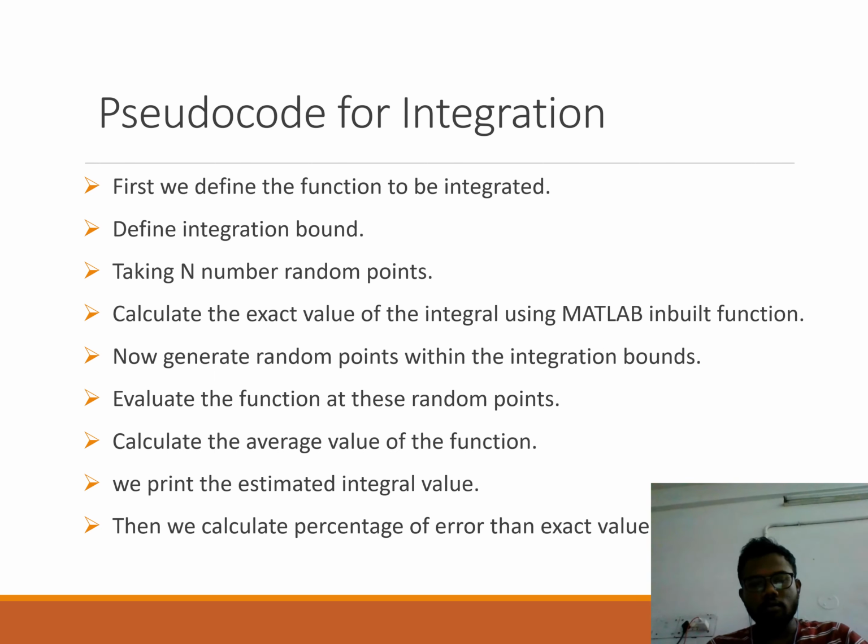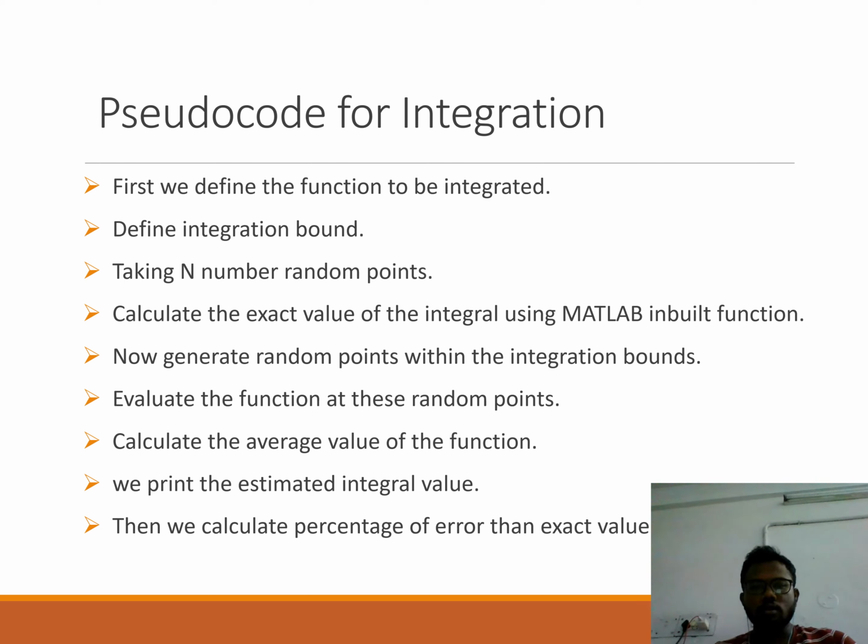Before going to MATLAB, we see the pseudocode for integration. Firstly, we define the function to be integrated, then we define the integration bounds, then we take n random points, then we calculate the exact value of the integral using the MATLAB inbuilt function.